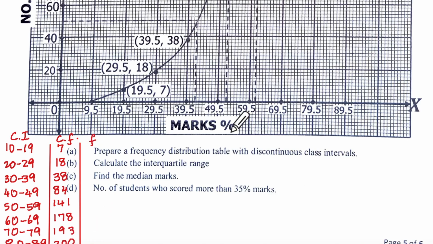So the frequency is going to be 7. Then 18 minus 7 means 11. Then 38 minus 18 means 20. Then 84 minus 38, so 14 minus 8 is 6, and 46. Then 141 minus this.